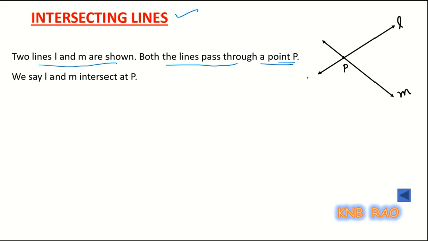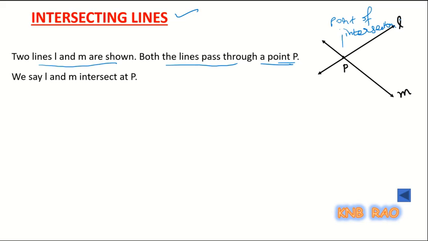So 2 lines having one common point are called intersecting lines, and that point is called the point of intersection.